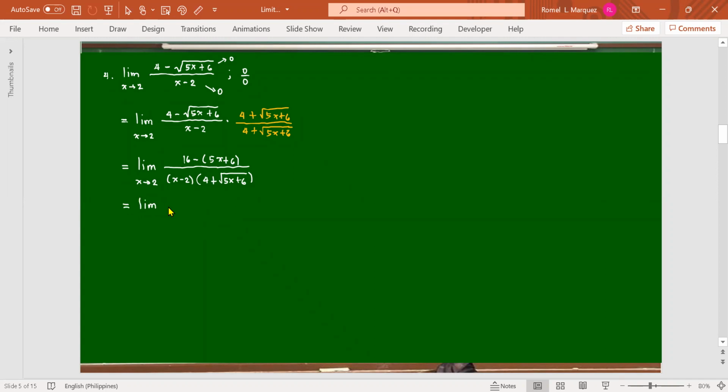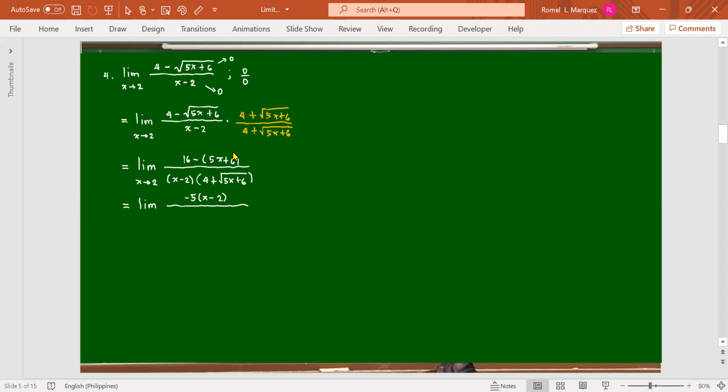What is the numerator, guys? So this is 10 minus 5x, no? Am I right? If you factor out 5, we get 5 times x minus 2. Or factor out negative.